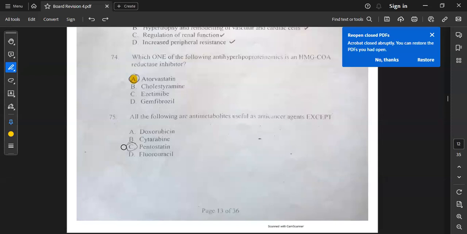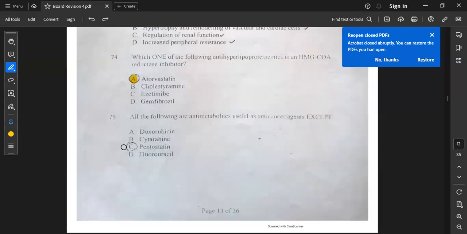Stanley has sent something really nice that summarizes the anti-cancer agents. I'll just read it out real quick, based off that image that has been sent on the group. Number 1, we have the alkylating agents. Among them are the platinum compounds, carboplatin and cisplatin. We have the nitrosoureas like carmustine, lomustine, and streptozocin.